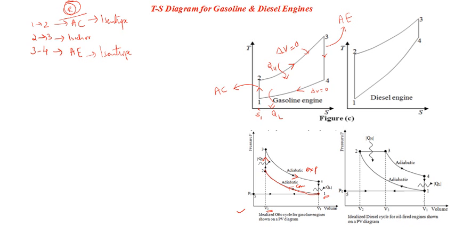Say you have a PV diagram, and suppose that this is one adiabat, the way an adiabat will look in a PV diagram. Suppose somebody has drawn yet another adiabat, and just connecting them, there will be an isotherm.